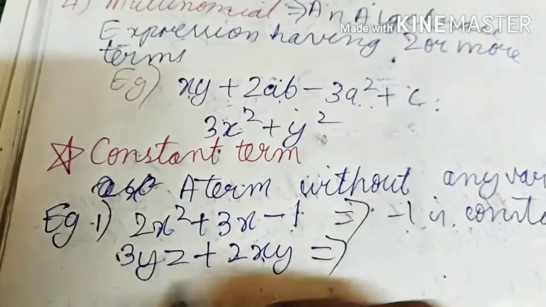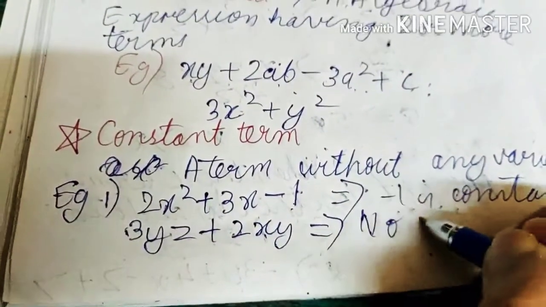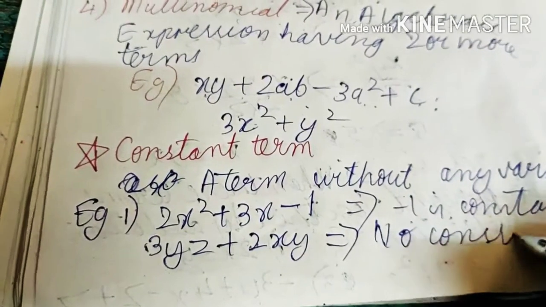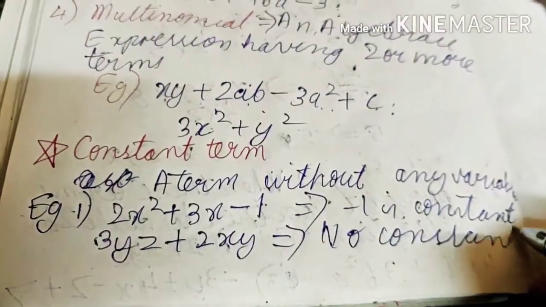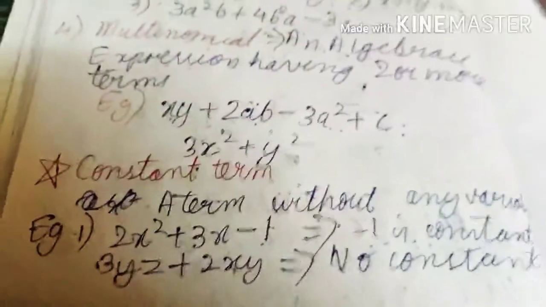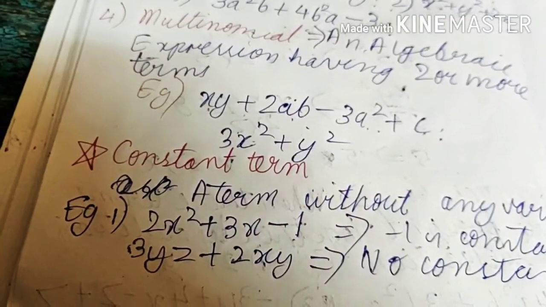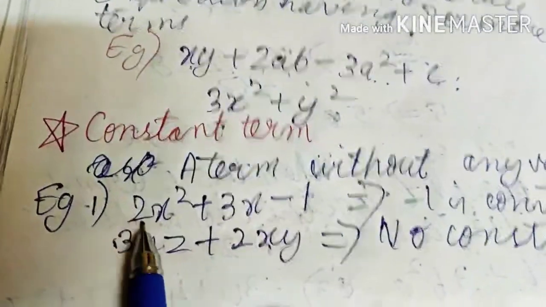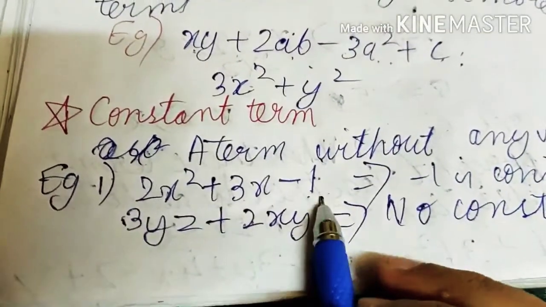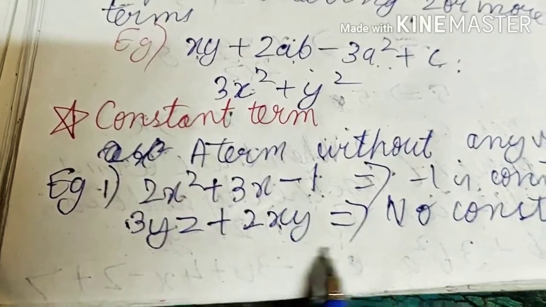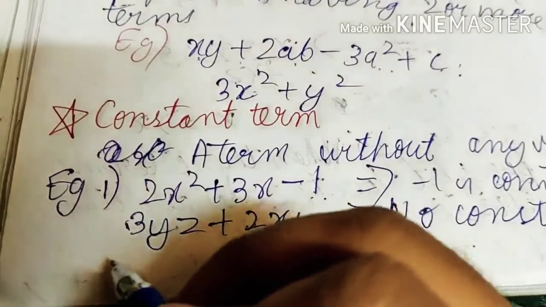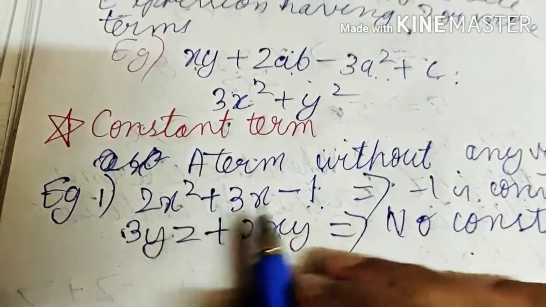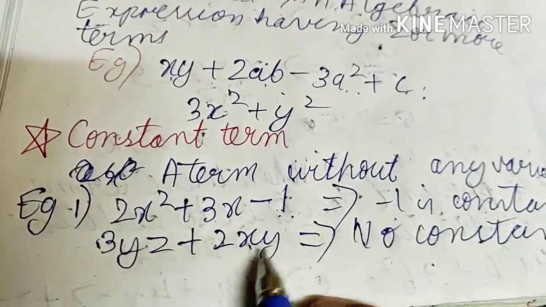In this there is no constant, as there is no term present without a variable. So look, it has 1, 2, 3 terms. Out of 3 terms, none is without a variable. It has 2 terms, and no one is without a variable. So here minus 1 is constant and here nothing is constant.